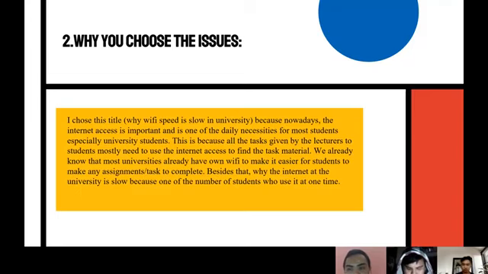This is because most tasks given by lecturers need internet access to find task material. We already know that most universities have Wi-Fi to make it easier for students to complete assignments. Besides that, why is the internet at the university slow? Because of the number of students who use it at one time.